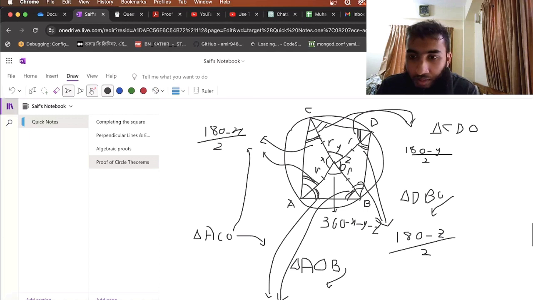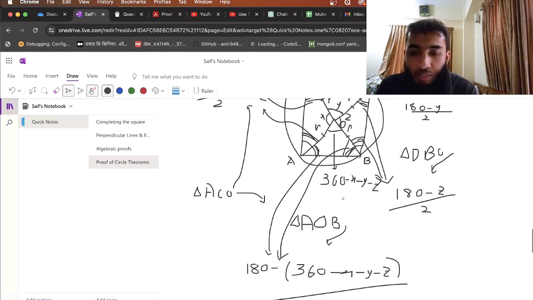So we have to prove that the sum of these two angles and the sum of these two angles is 180. That's going to be enough.